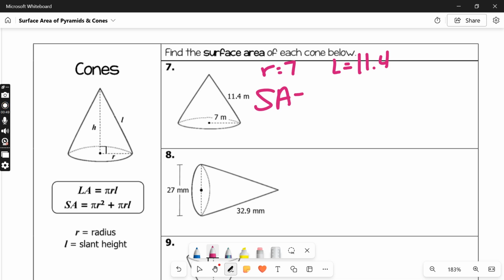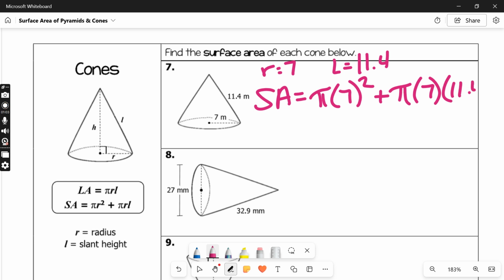The surface area is equal to pi times 7 squared plus pi times 7 times 11.4. Then I can type this into my calculator, and when I do, I get 404.64 meters squared.